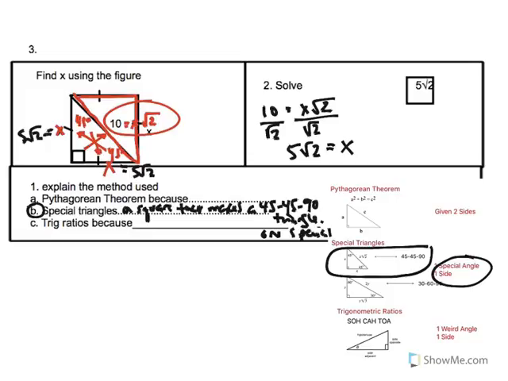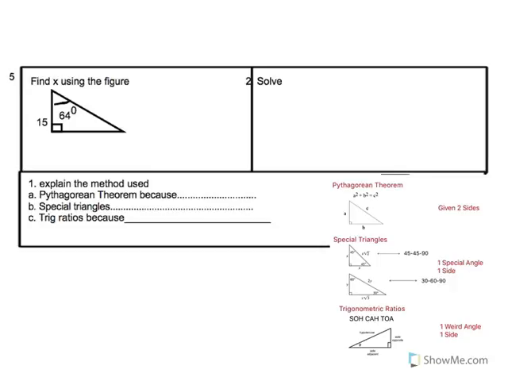So we used special triangles in this instance because they gave us a square that makes a 45, 90 triangle. So they gave us one special angle and one side.